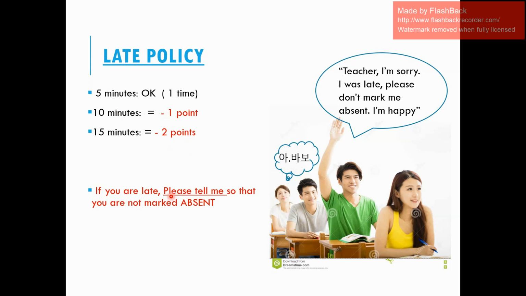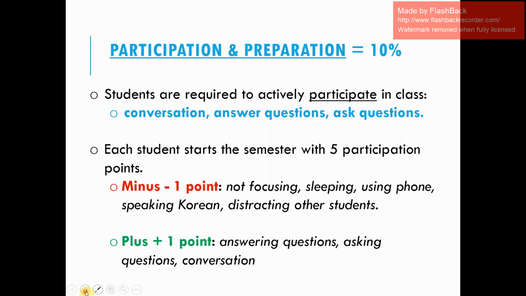So again, if you come late, maybe I already checked attendance and I already marked your name absent. That's not good. You arrived, so please tell me. Just let me know. Teacher, I'm sorry I was late. Please don't mark me absent. Right? So just let me know, and I will mark your attendance accurately.